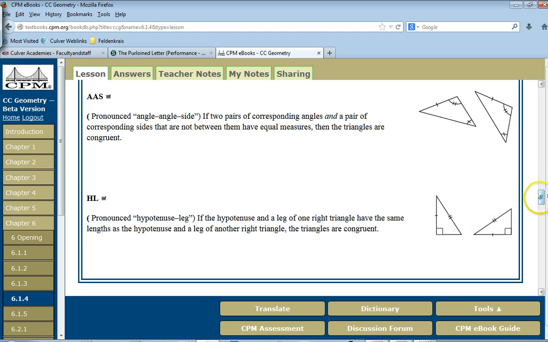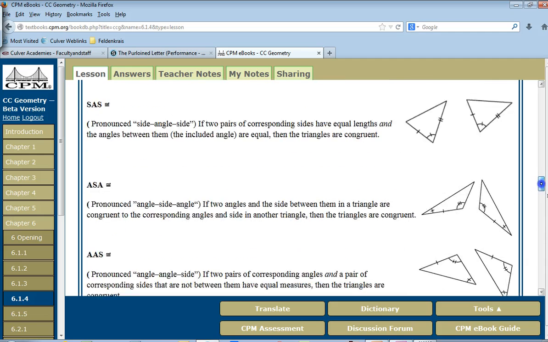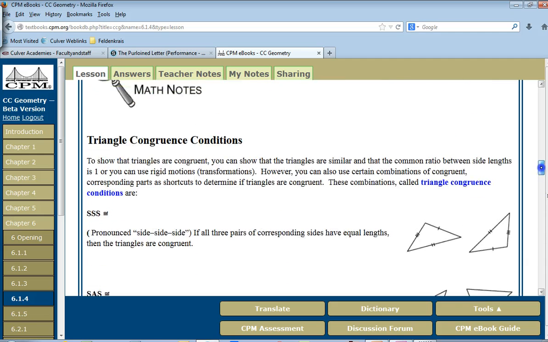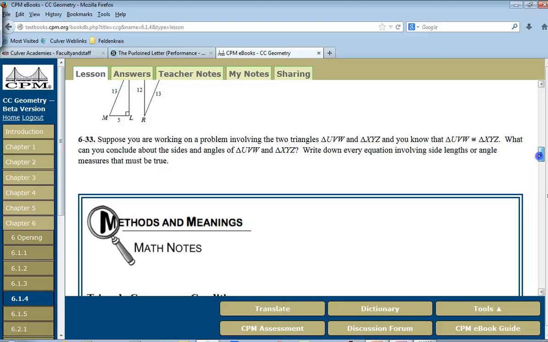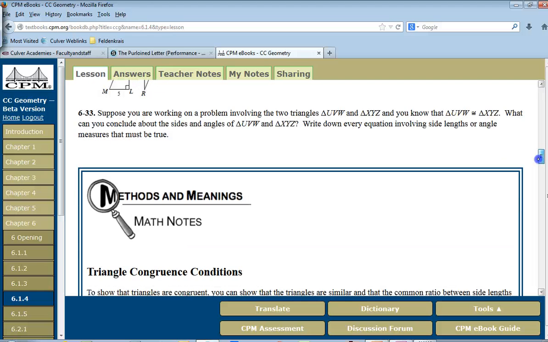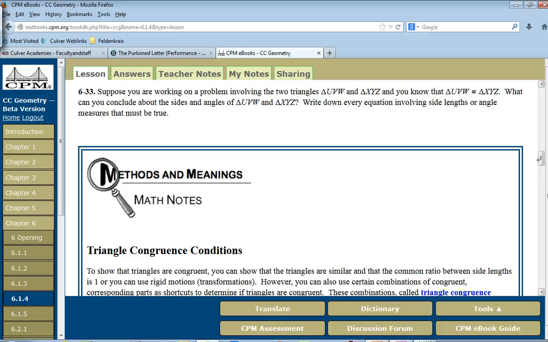So we call that hypotenuse-leg and say that if the hypotenuse and a leg of one right triangle, this word here, right triangle, is important, have the same lengths as the hypotenuse and a leg of another right triangle, the triangles are congruent. So establish a relationship with this math notes box and take a look at exercise 6-33.